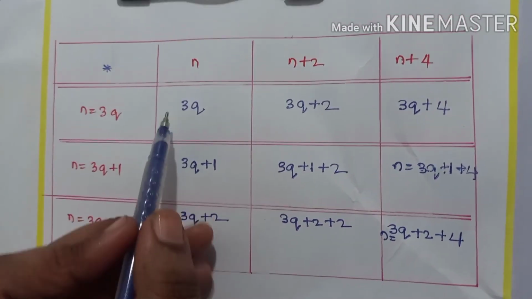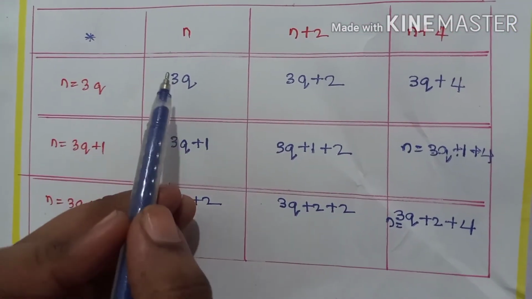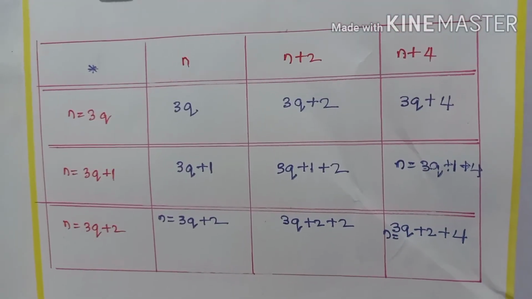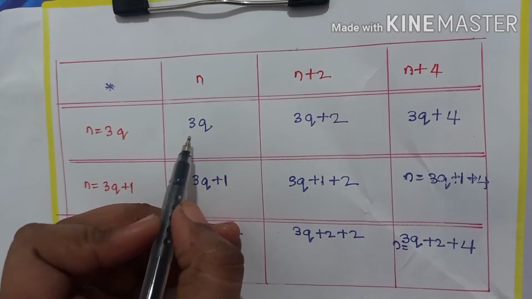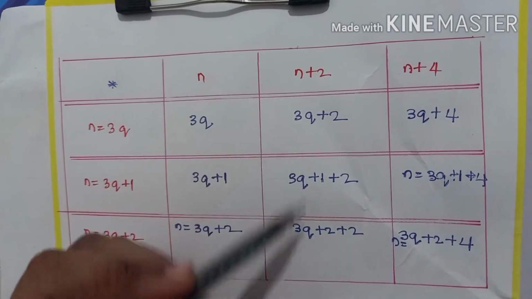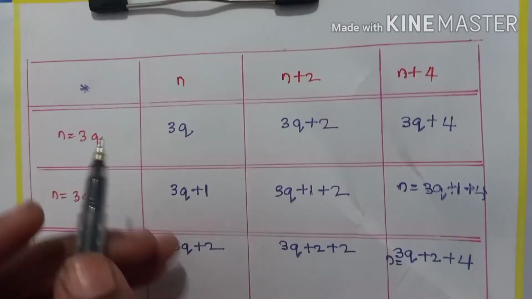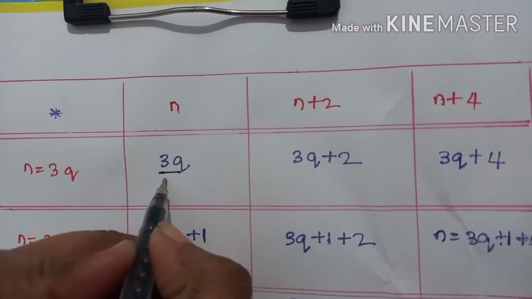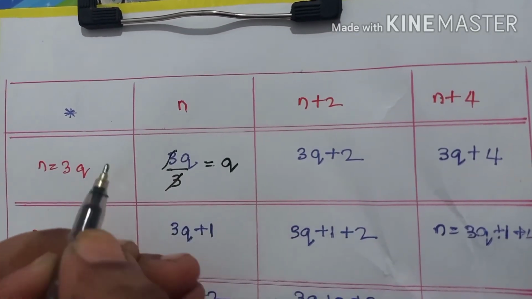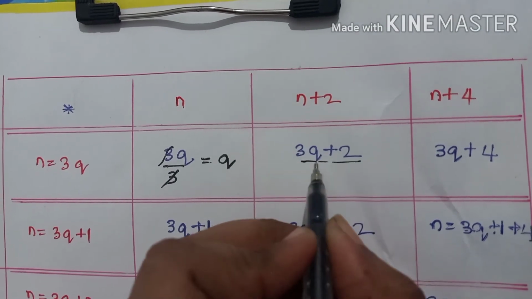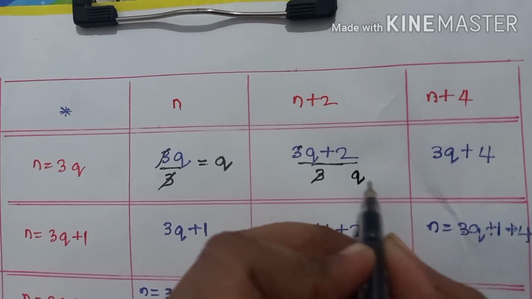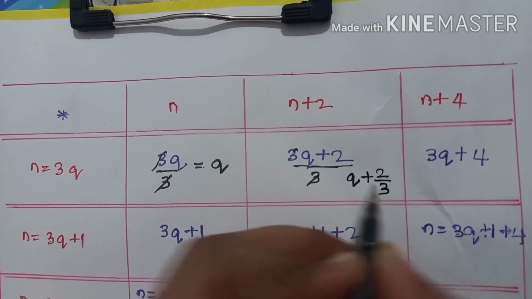Now how to check if it is divisible or not? Divide every number. To check each case, divide n, n plus 2 and n plus 4, all these cases, by 3, because it should be divisible by 3. In the first case, dividing by 3, the 3 gets cancelled and we are left with only q. In the second case, dividing by 3, we get the remainder, q plus 2 by 3.